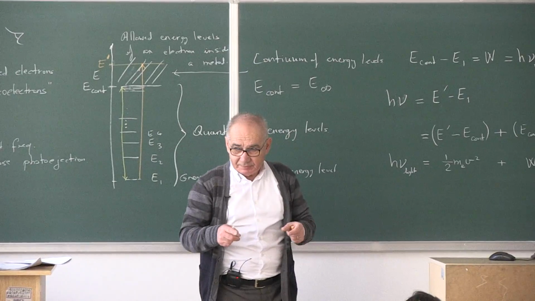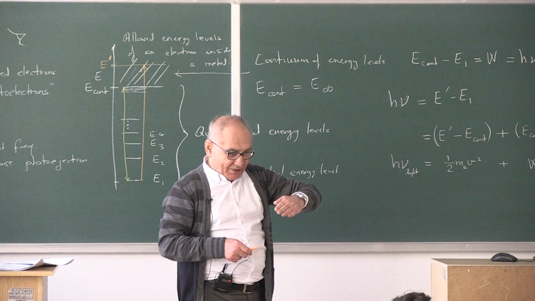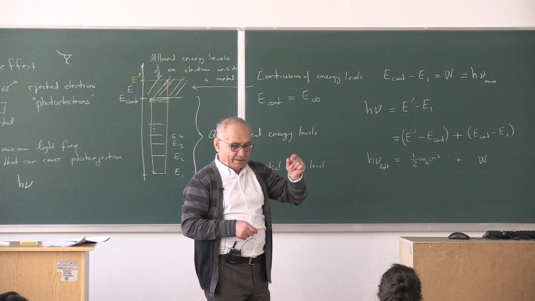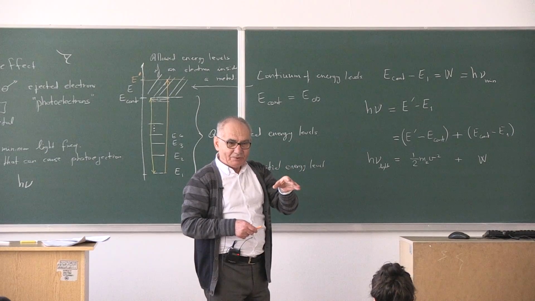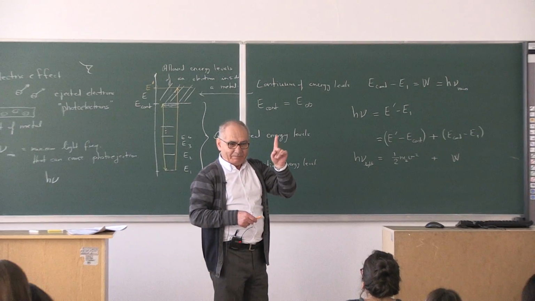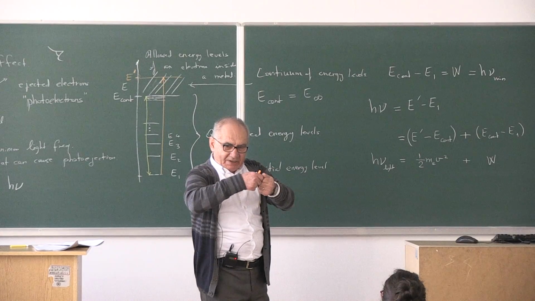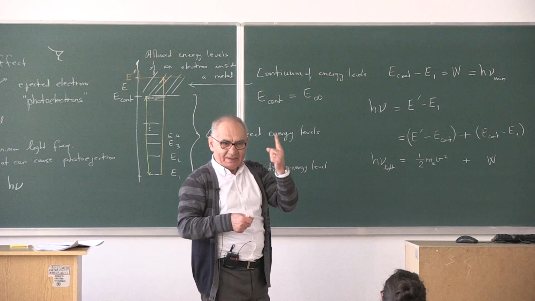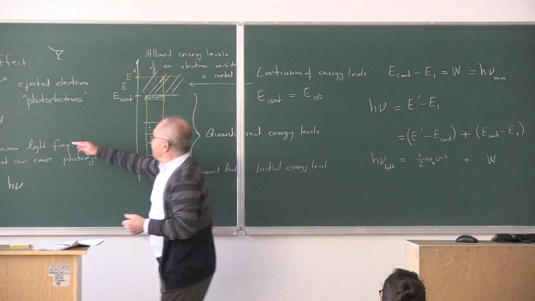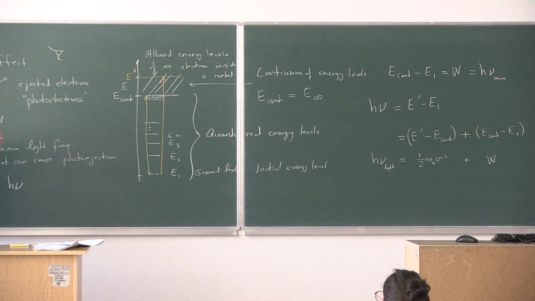Please note that the minimum energy needed to eject the electron is not ionization energy. Why? Because the definition of ionization energy requires a single atom. Ejection of an electron from a single atom or a molecule. But here, we do not have a single atom in the sheet. What is this? It's a solid sheet of metal.